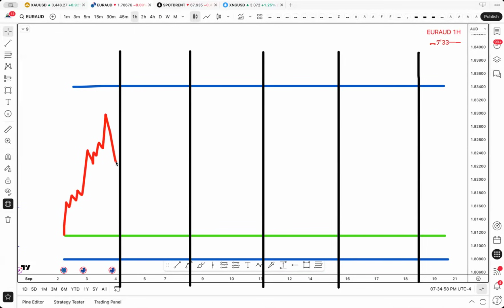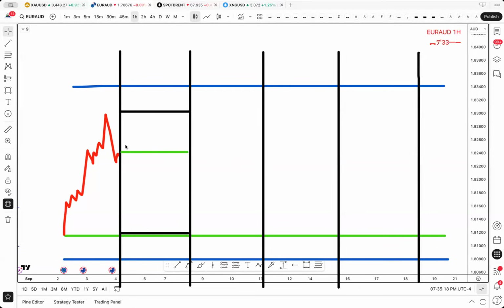and they close. That's our previous day high level here, previous day low level, and we have our closing price, which remember is our reference point for our trade setups.